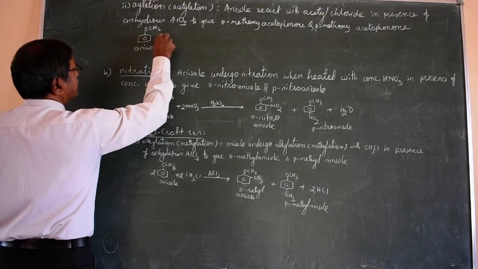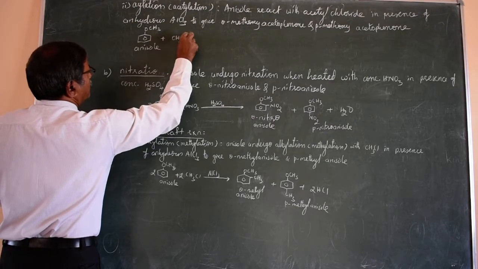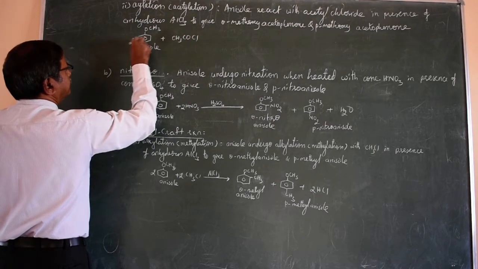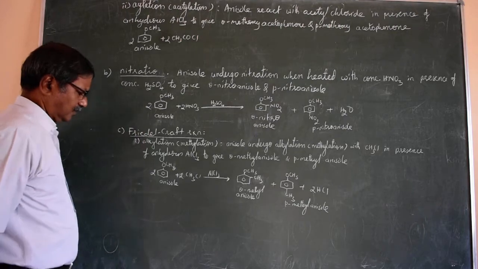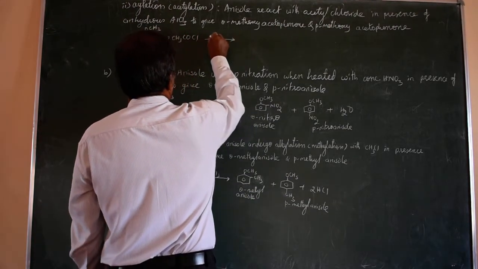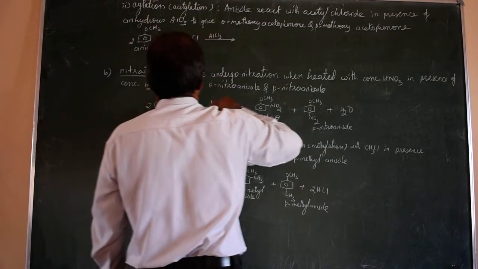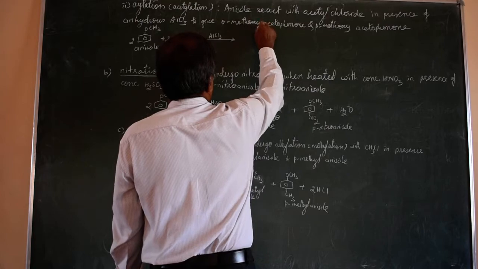When treated with acetyl chloride, CH3COCl, the products are ortho and para. The reaction takes place in presence of AlCl3. Ortho and para are the products.